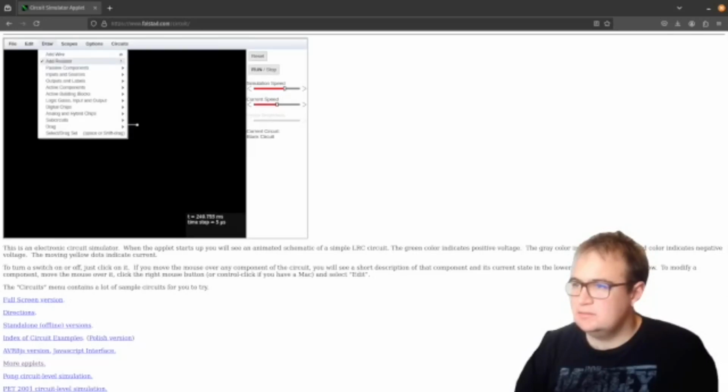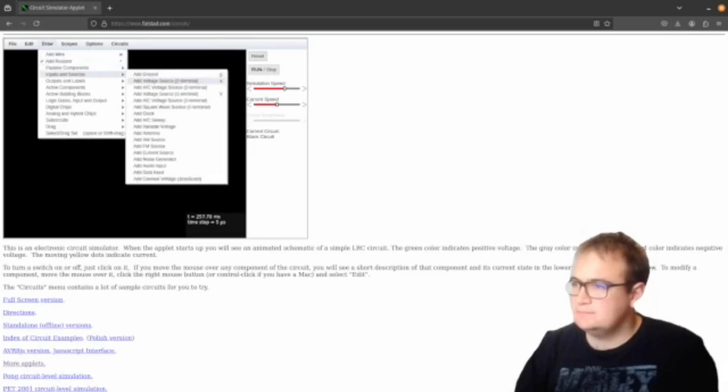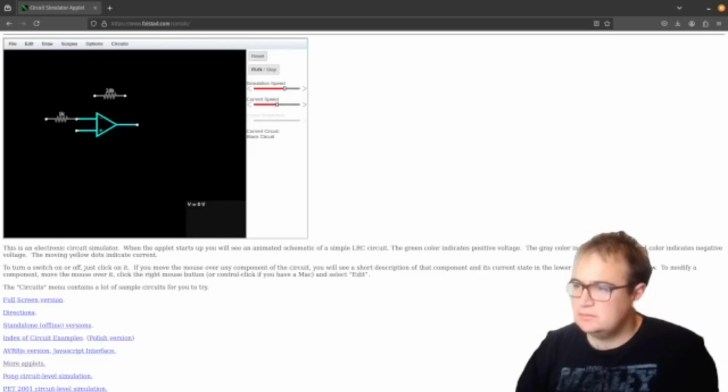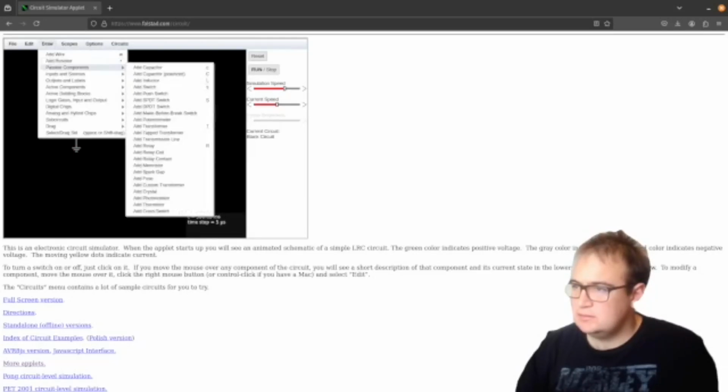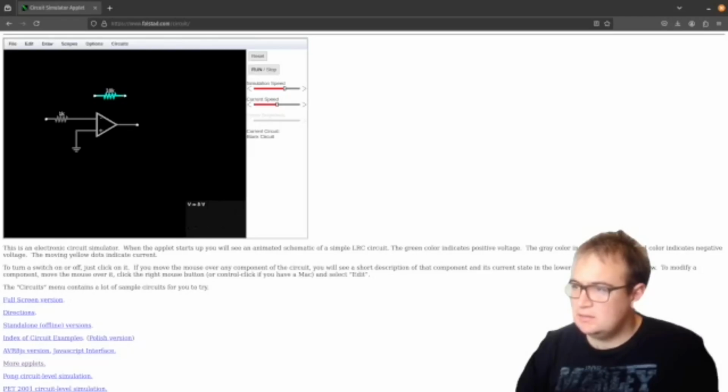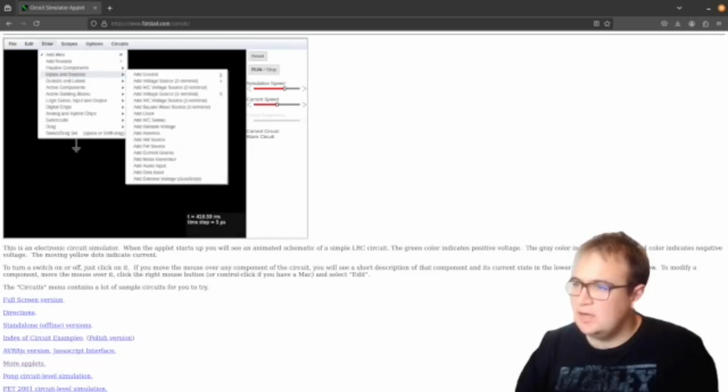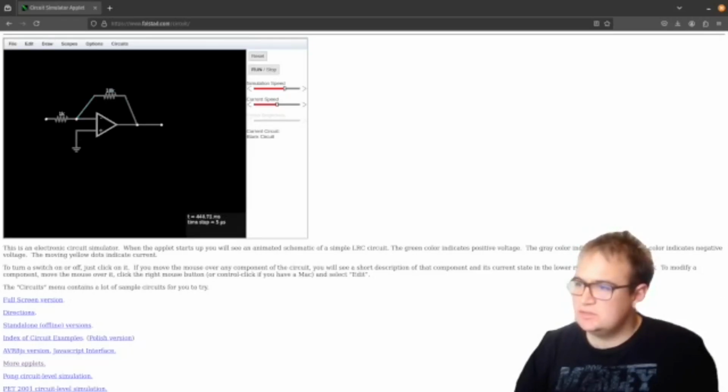We'll add a ground right there. Add a wire right here, and another wire up there. And draw. We're going to put a voltage source.